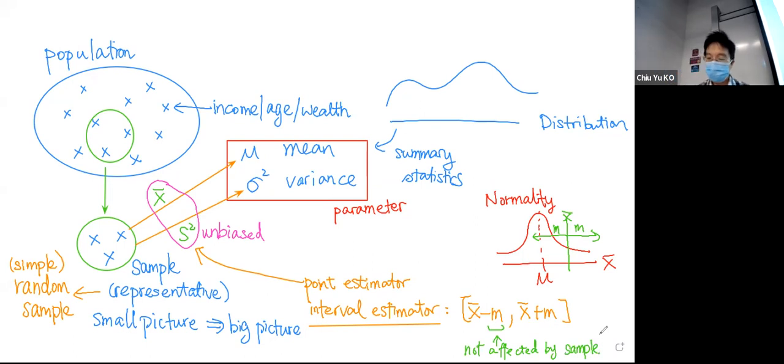I will go left by M and go right by M, and then this interval will have a high probability of including mu. I'll be more formal later, but this is the goal of what we're doing.